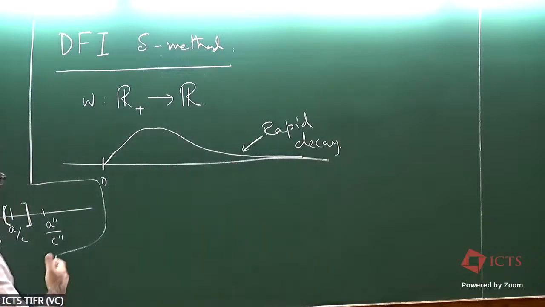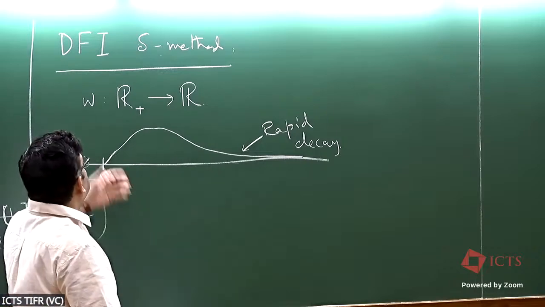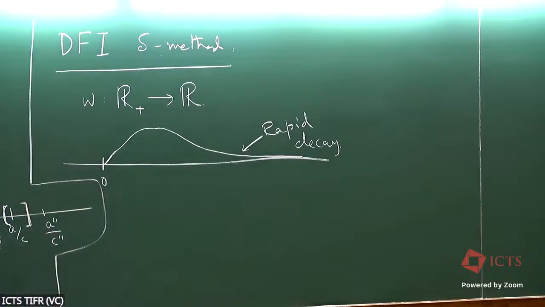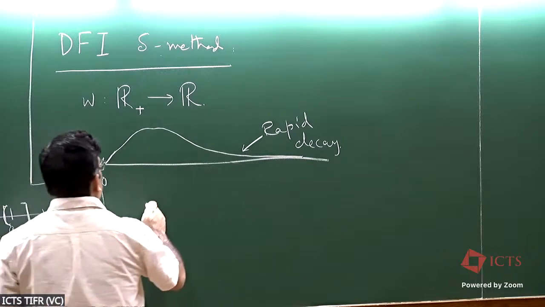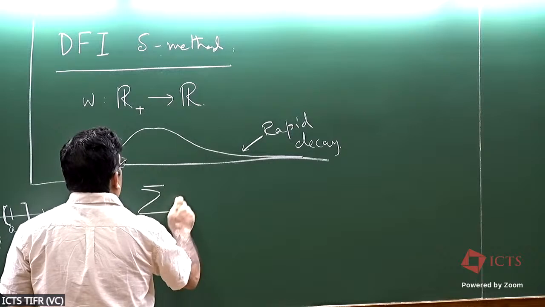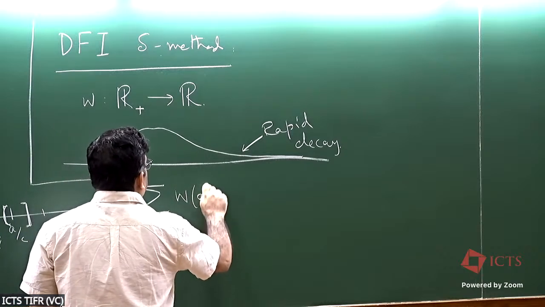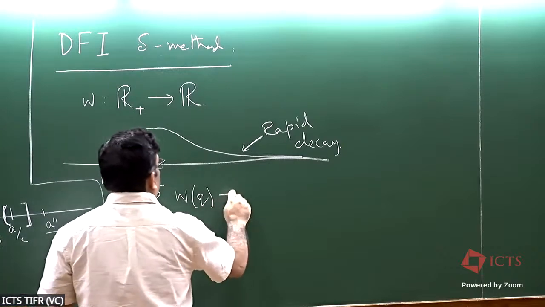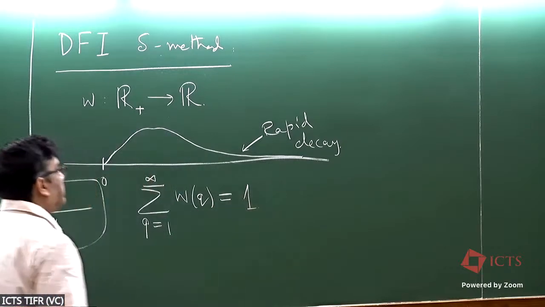I'm not going to specify what the decay is. You can think of it as an exponential decay. In most cases, w will be just compactly supported, so it is actually vanishing beyond a number. And you also want the sum over positive integers w(q), q running from 1 to infinity, to be normalized so that this sum is 1.